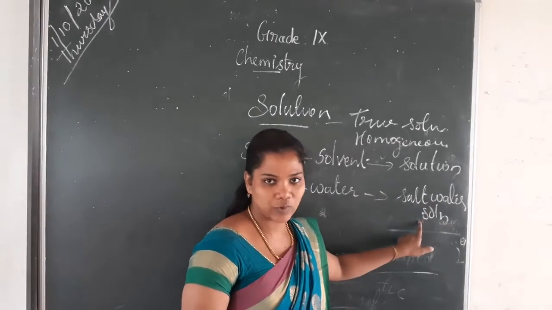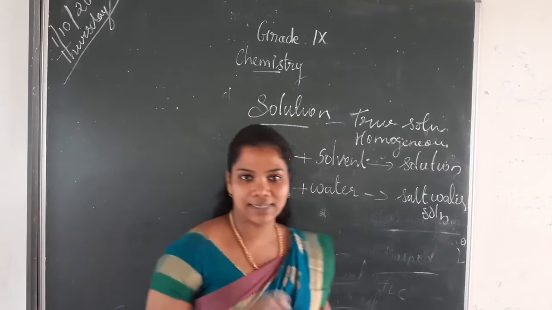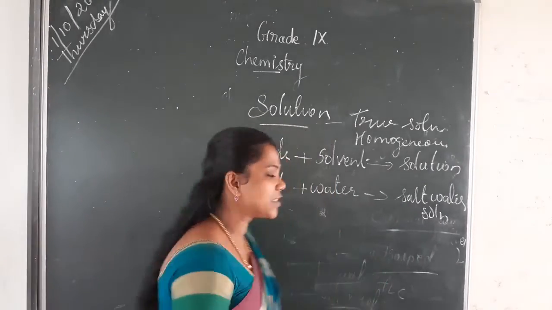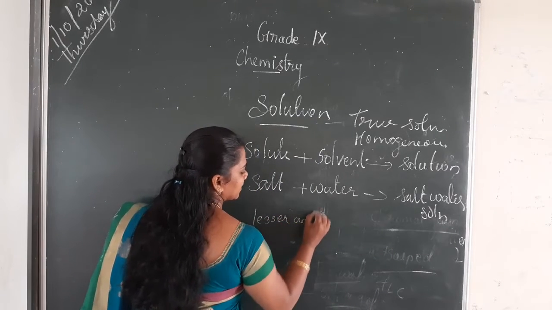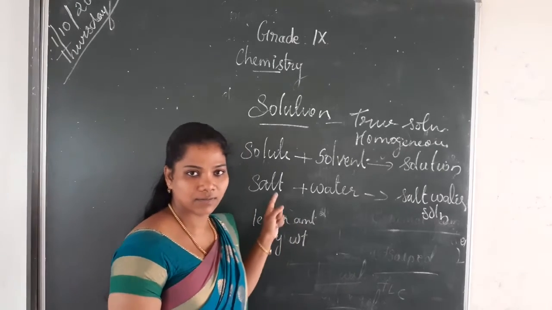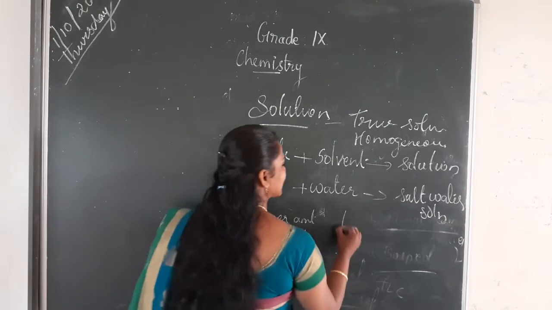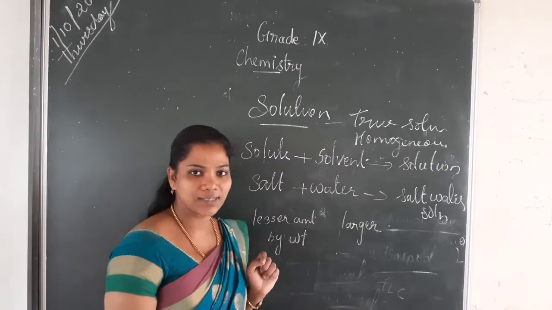So how can we define solute? Any substance, if it is present in lesser amount by weight, is called the solute. If it is present in larger amount by weight, it is called the solvent.